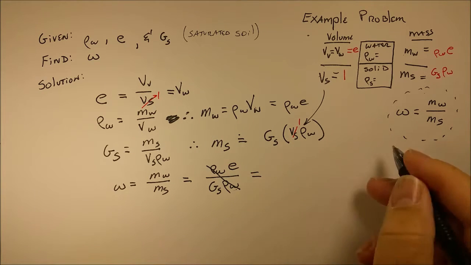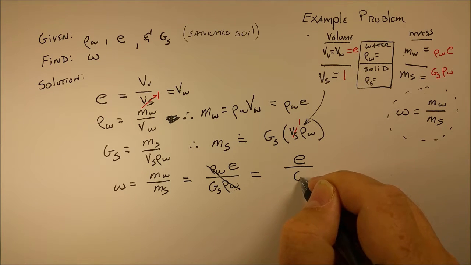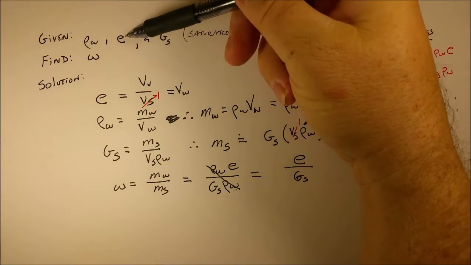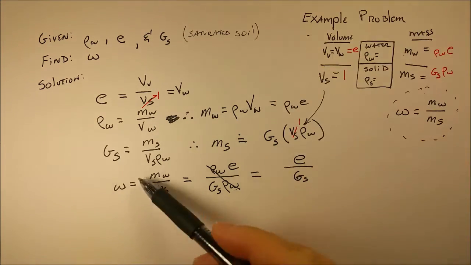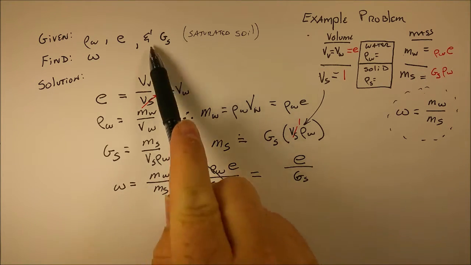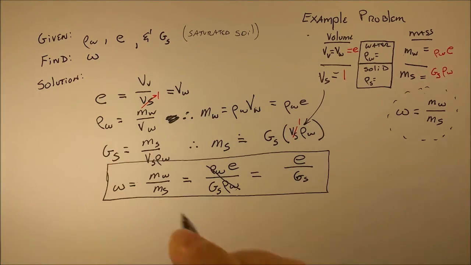So those two will cancel, and therefore your water content is equal to your void ratio divided by your specific gravity. And you notice here that your void ratio is sitting right here, and your specific gravity is sitting right here, so you've now solved your solution in terms of what was given. So there is your solution.